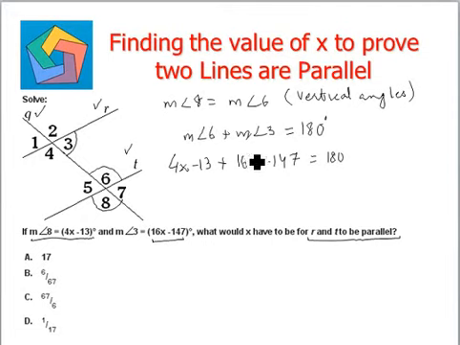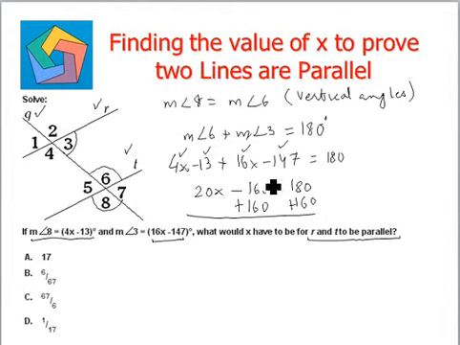We'll put the like terms together. 4x added to 16x makes it 20x, minus 13 minus 147 is 160, equals 180. We add 160 to both sides to solve for the value of x.